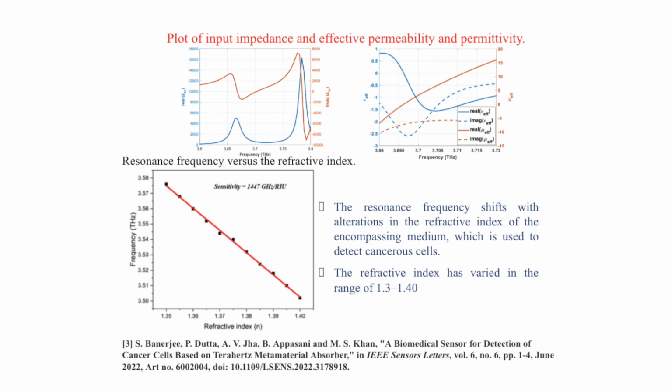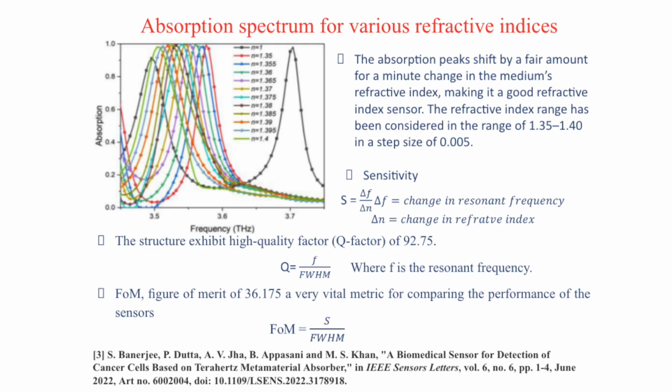The refractive index has varied in the range of 1.3 to 1.40, and we are observing the variation in resonance frequency with respect to the variation in refractive index. The basic concept is that cancerous cells and normal cells have different permittivity and permeability properties. This diagram represents the resonance frequency of the absorber versus the refractive index.